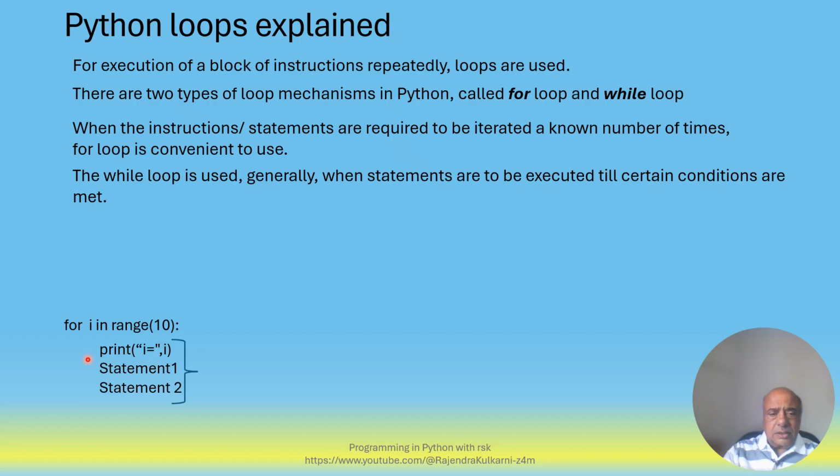Here we are giving three statements: print I, statement 1, statement 2. This is called a for block. All these statements will execute till I is equal to 9. From 0, for every increment in the value of I, one iteration takes place. And when I is equal to 10, the loop will terminate.